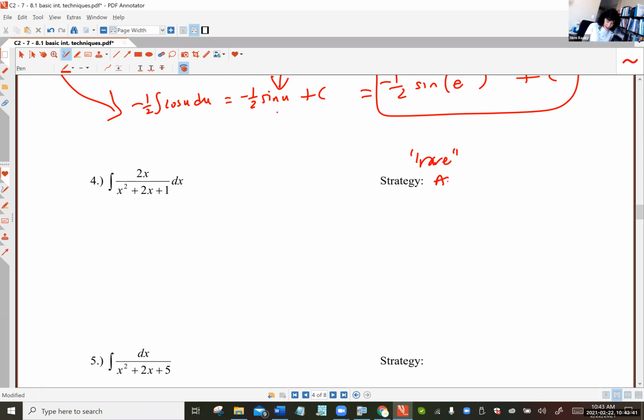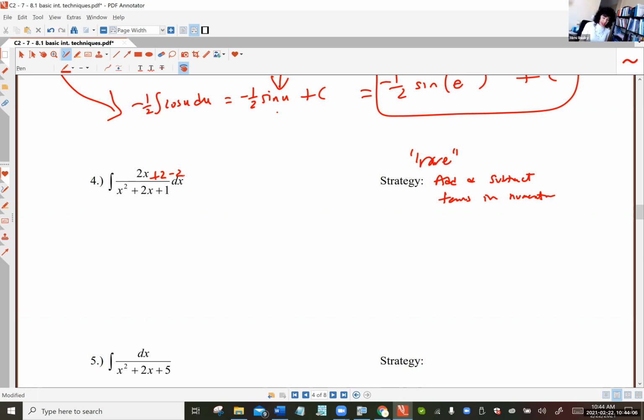You're going to add and subtract terms in the numerator, which is totally legal as long as you're not doing anything, you're just adding a 0 essentially. Well, what am I going to add in this numerator that's going to make it work? Well, I'm going to add a 2 and subtract a 2, which means I'm not changing it. I'm just adding a 0. So that's adding and subtracting terms in the numerator.